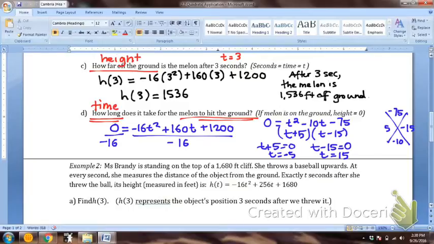What does t represent in this problem? Time. Okay, can you have a negative time? You can't, can you? So negative 5 seconds is not going to do us any good. So our only answer here is what, Amanda? 15. Can you give me the sentence that goes along with it?